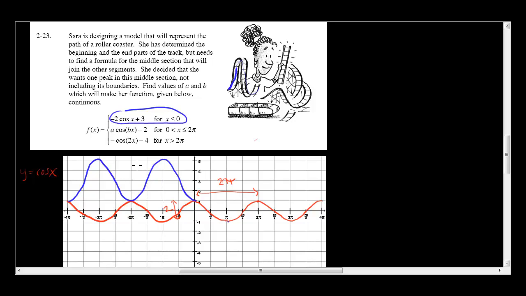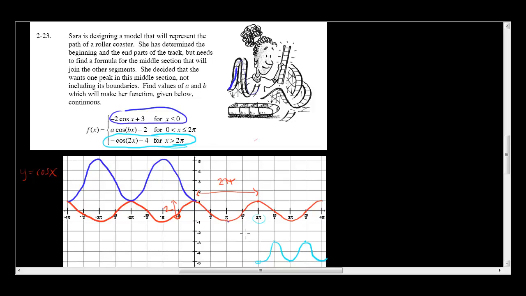The -2, remember the negative is going to flip or reflect the graph across the x-axis, and the 2 is going to stretch it in the vertical direction by a factor of 2. And then we have to go up 3 units because of the +3. And so here in blue, we see this function defined for x less than or equal to 0. So we stop here at x equals 0.